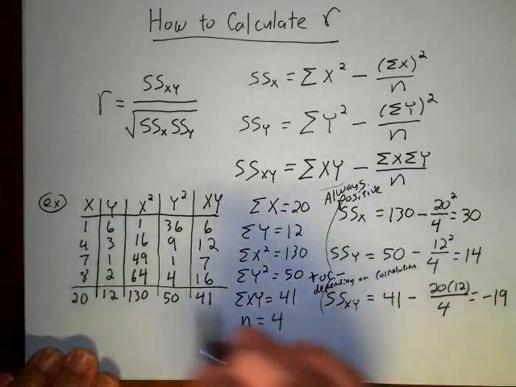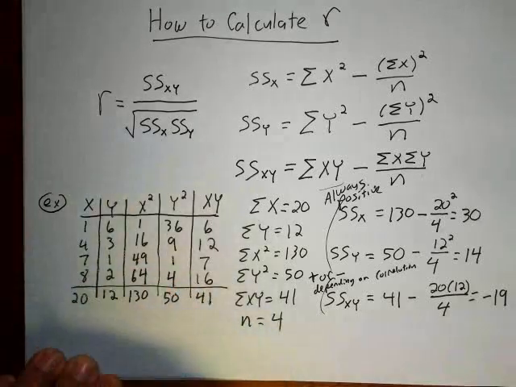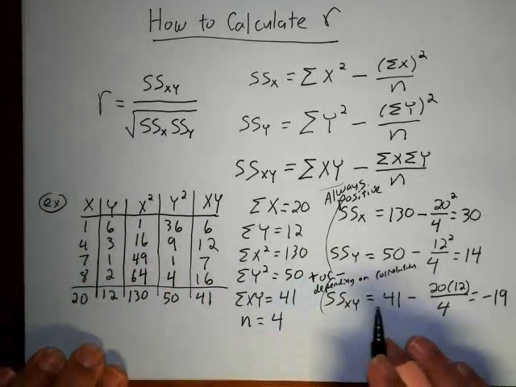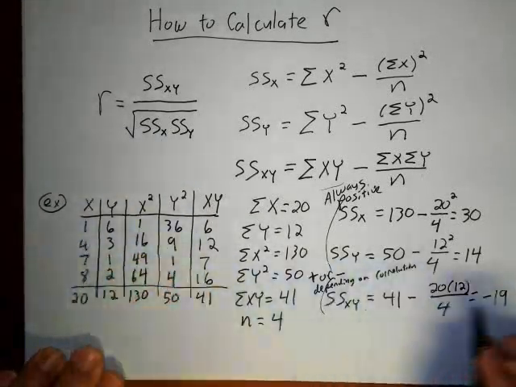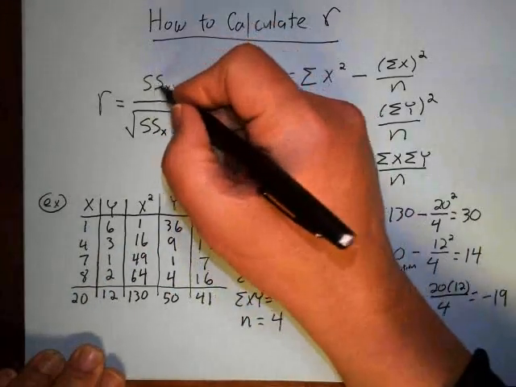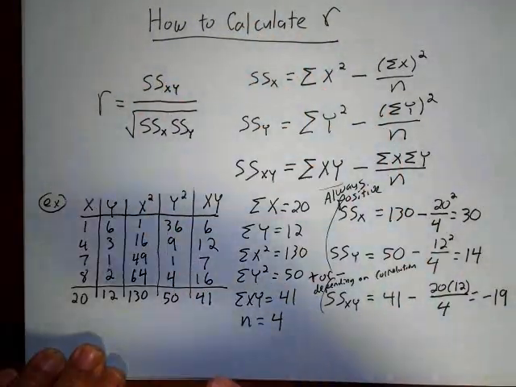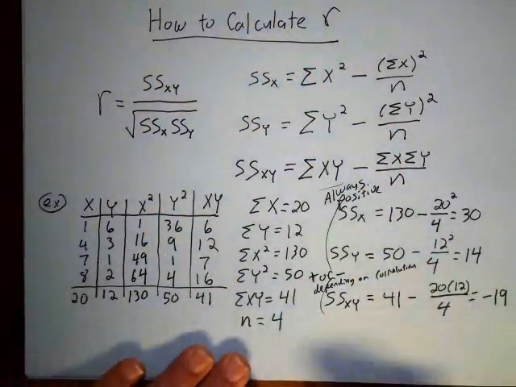And in this case it is negative. Here, as these increase, in general these are going down. And so if these have a positive correlation, this should be positive. And in fact, that sign is what's going to give r either a negative value or a positive value.